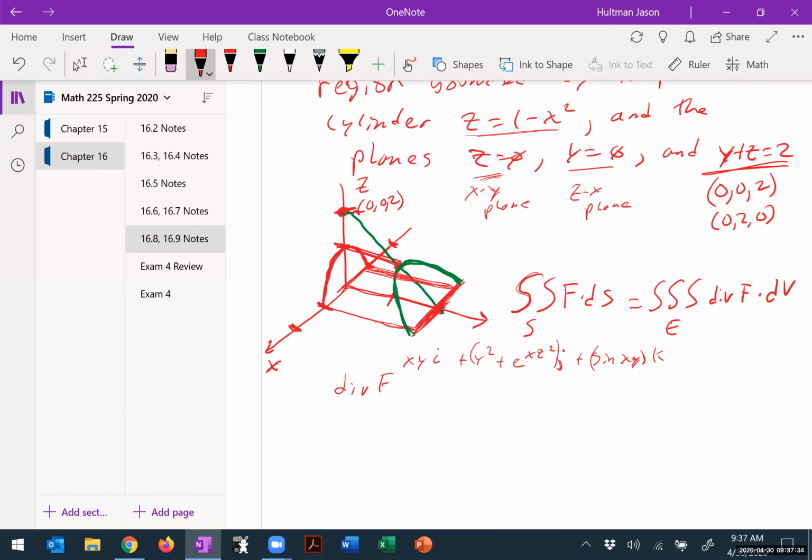If we take the divergence of this, we're just going to take the partials with respect to x, y, and z, and then add them up. Well, what's the partial with respect to x of xy? That's just y.